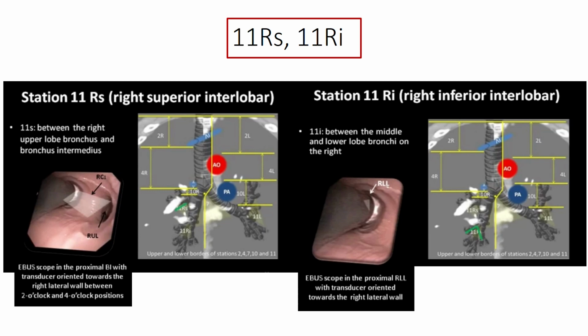You can see here your scope is now facing the lateral side, and you are scanning the lateral border of the right lower lobe bronchus. This is the area which you need to scan for both sets of 11R nodes.